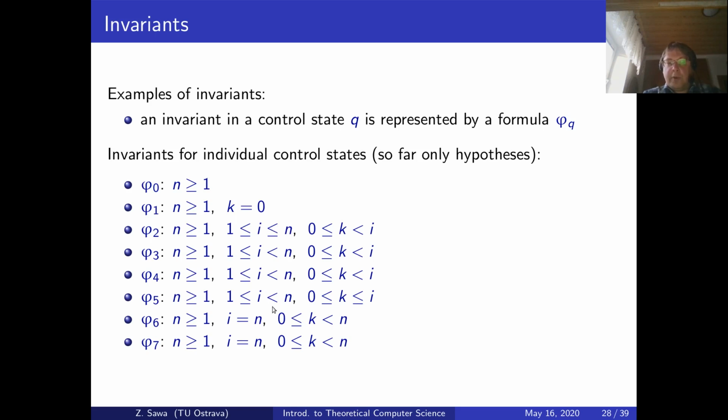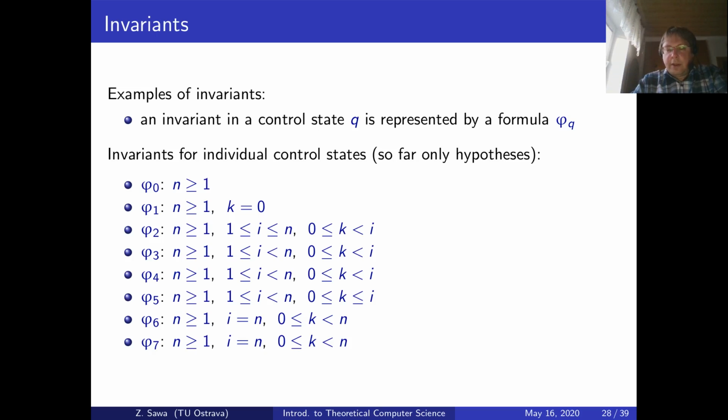If I have some integer value strictly less than n and add 1 to it, it could be equal, so less or equal. And if k was greater or equal to 0, k was not changed by this, so it remains the same. And k was less or equal to I, but if the new value I prime is I plus 1, then k will be strictly less than I prime.